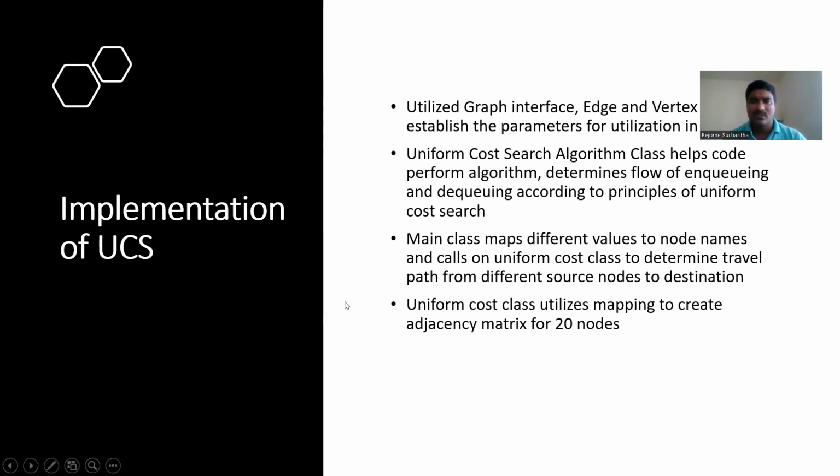The main class maps different values to the node names and calls the uniform cost class to determine the travel path from the different source nodes to the destination. The uniform cost class utilizes the mapping to create an adjacency matrix for the 20 nodes.